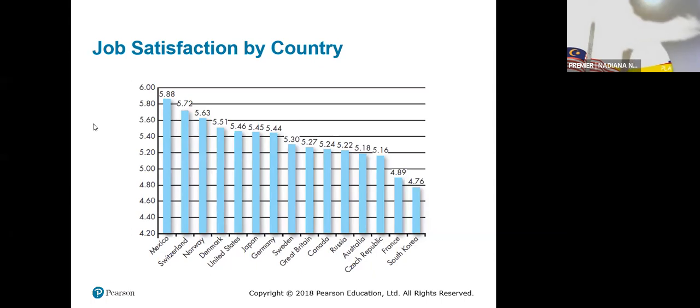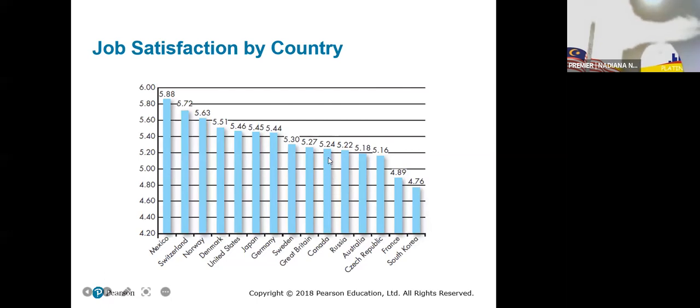And then Japan, also a developed country, 5.45. Germany, 5.44, very close. And then Sweden, 5.30. Great Britain, 5.27. Queen Elizabeth just passed away 3 or 4 days ago, and was replaced by King Charles, the son of the late Queen.